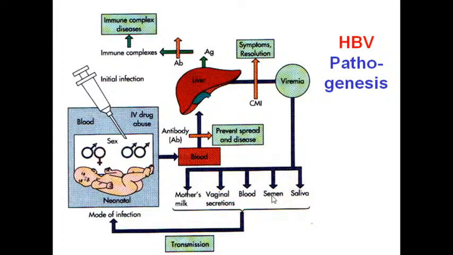So then, as soon as the virus enters the bloodstream by any of these routes, it will be circulating in the blood until it reaches the liver, and then the persistent infection will be established in the liver.